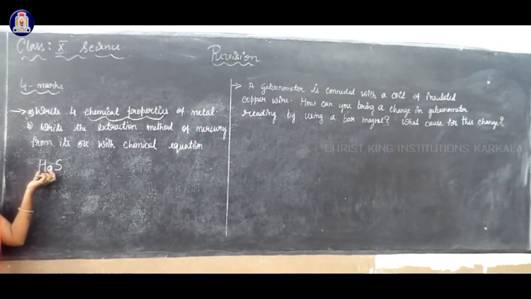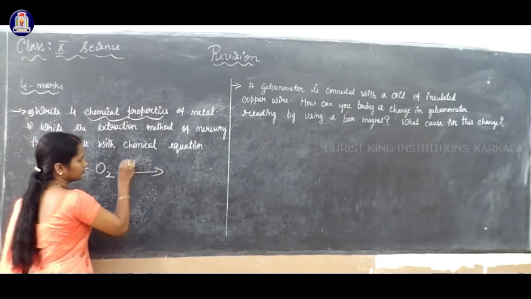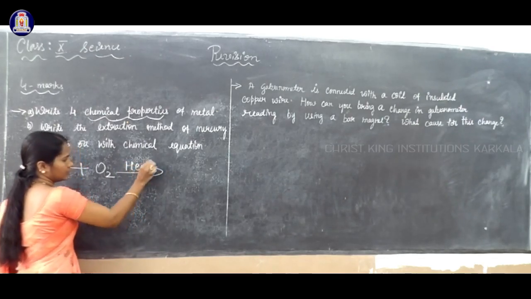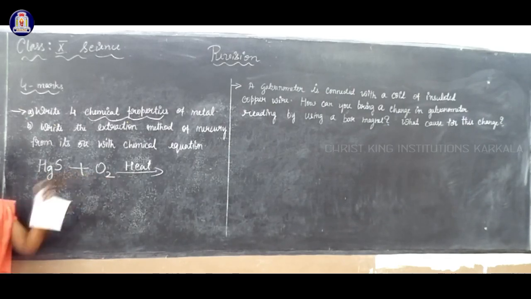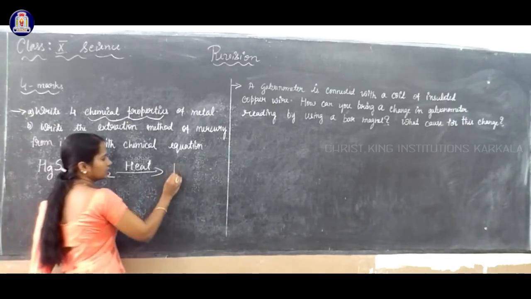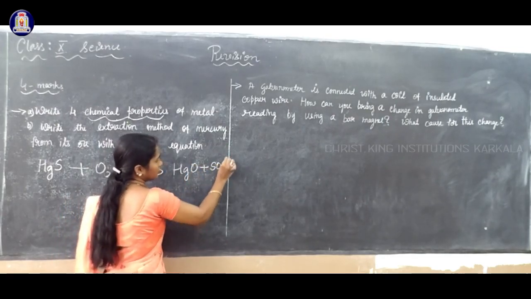Reaction. When cinnabar is heated in air, it is converted into mercury oxide, HgO, with the liberation of sulfur dioxide gas.